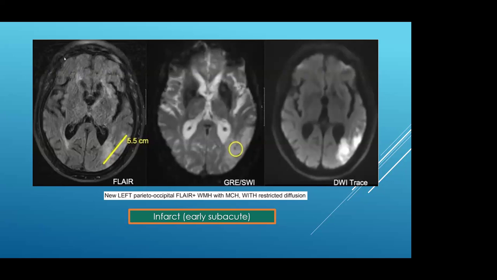So you should not expect to have any cytotoxic edema in a patient with ARIA, but instead you should expect some vasogenic edema, which is the main finding. Now, I'm not saying that you cannot have some mild cytotoxic edema related to it, but it should not be predominantly cytotoxic, as we can see right here. It's pretty much about the same size as the T2 FLAIR. So that's the first topic.